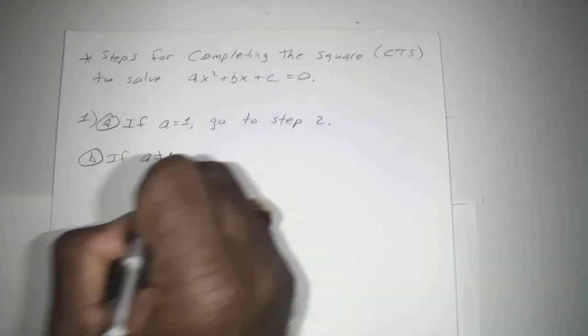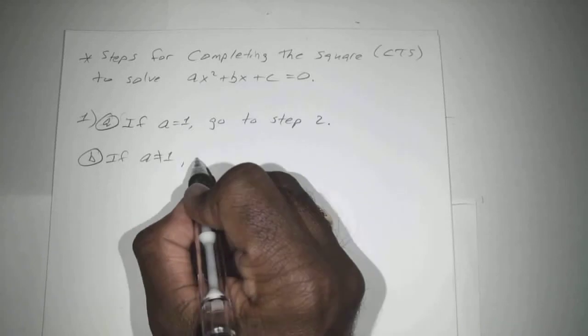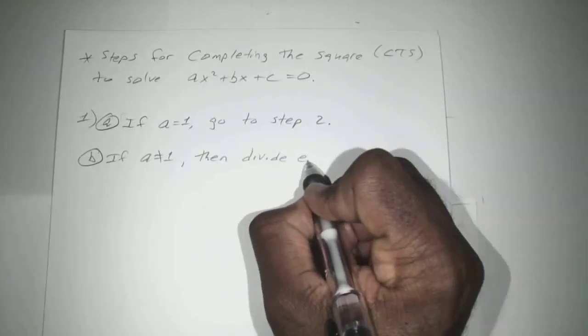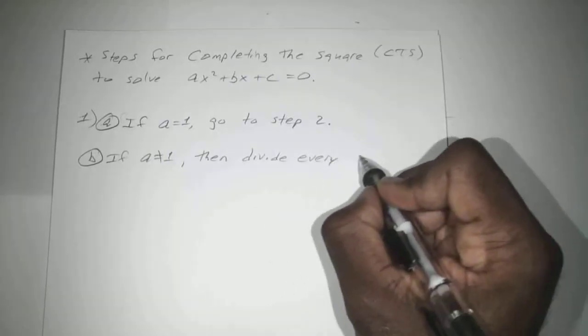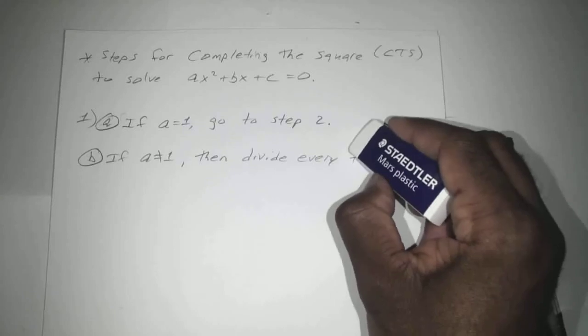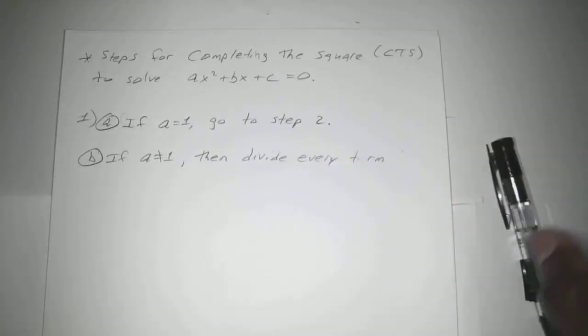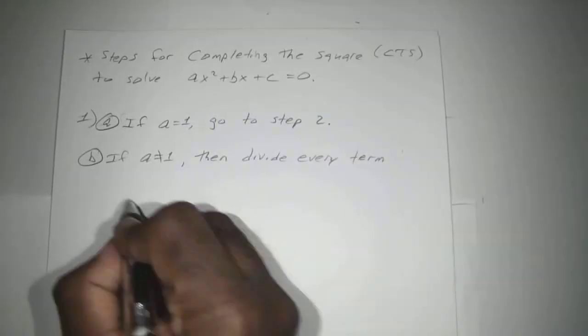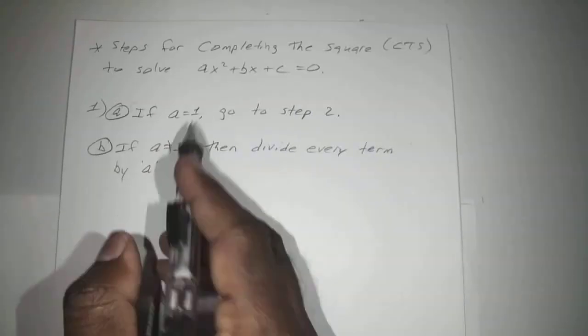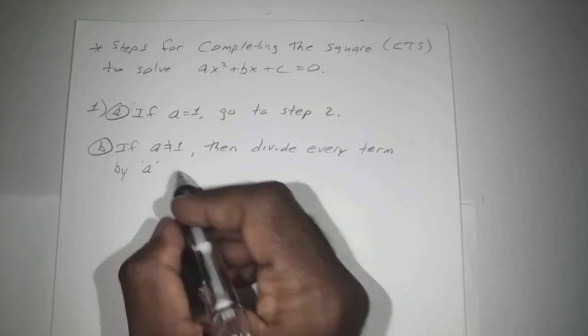If a doesn't equal 1, then divide every term by a to make the coefficient of x squared equal 1.